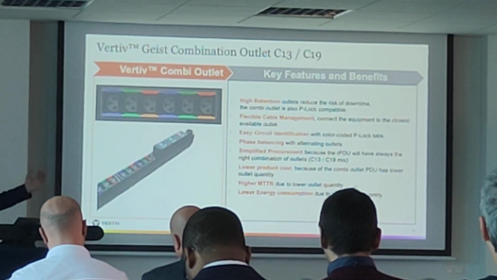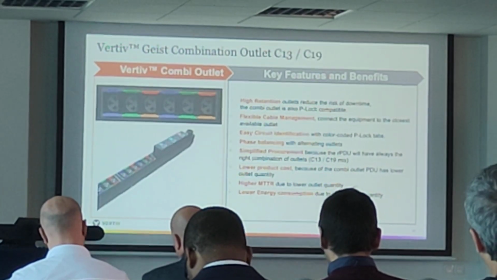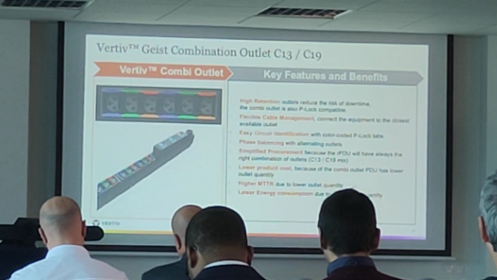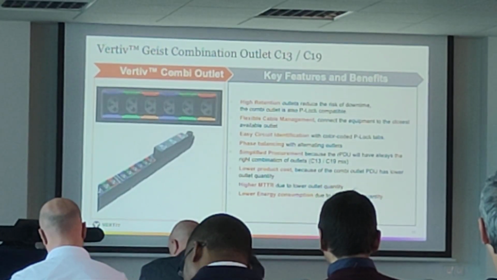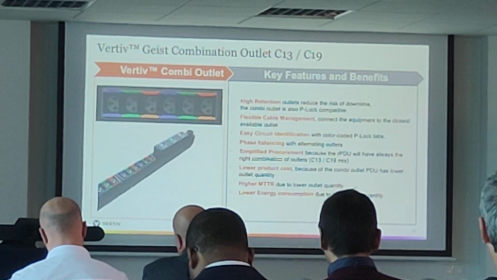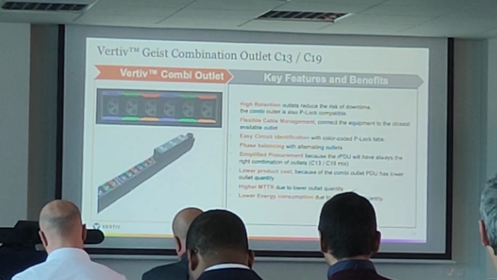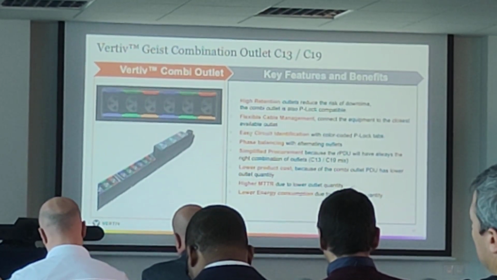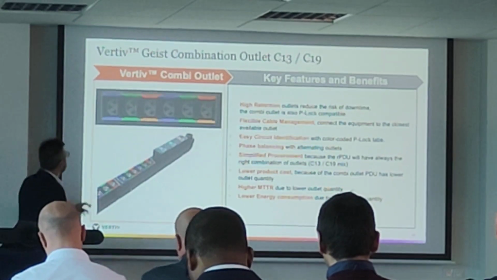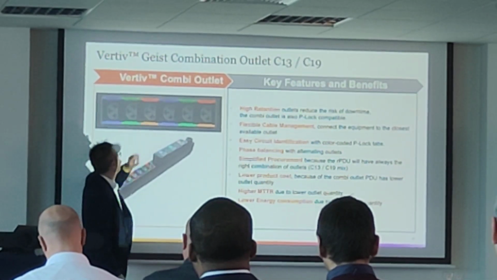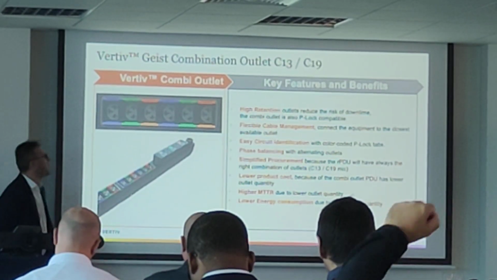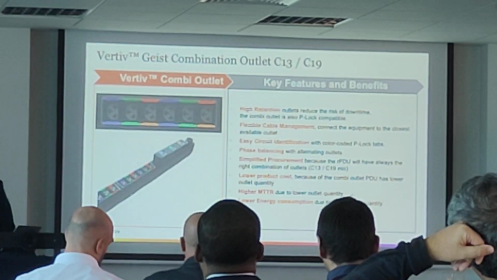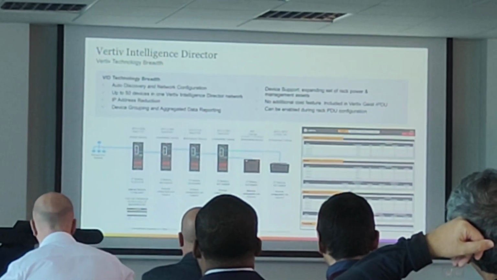You just have one outlet type, and you can insert both C19 and C13 plugs, depending on your needs. Again, simplifying the choosing process. And more than that, you have three phases, you have three colors. You always know which equipment is connected to which phase.